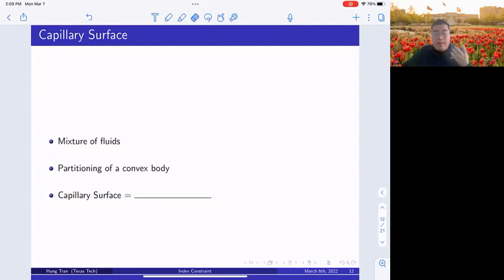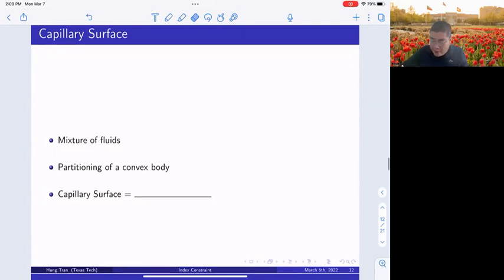That's why the interface separating these two different fluids is actually equivalent to critical points of the partitioning of a convex body problem that we considered earlier.